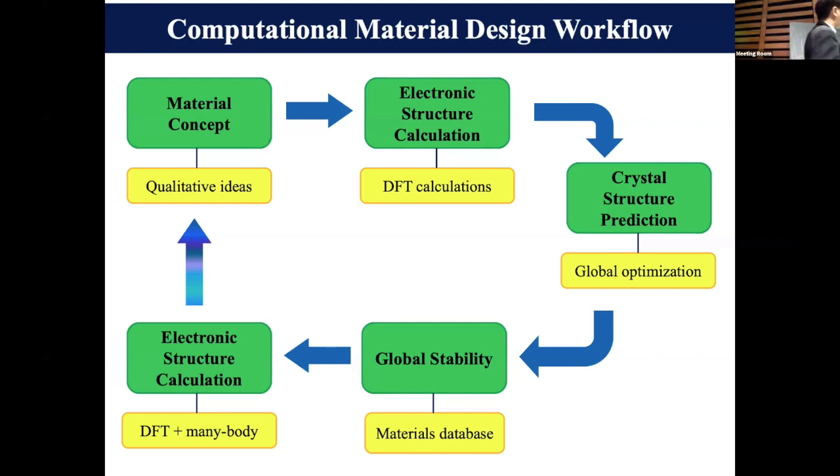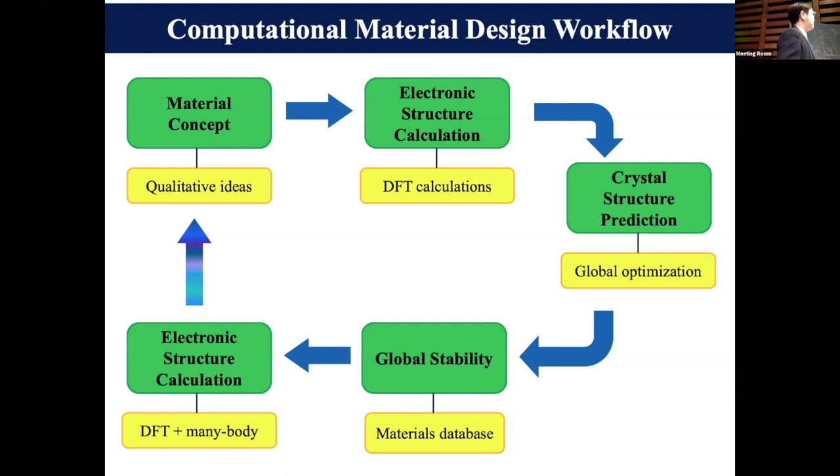In this step, we need a database because we have to check the stability against the decomposition into all other substances in the chemical system. If we find a stable compound, then we do the electronic structure calculation again with more elaborate methods such as DFT plus Gutzwiller or DFT plus DMFT method. These many-body methods enable us to study the physical property more precisely.